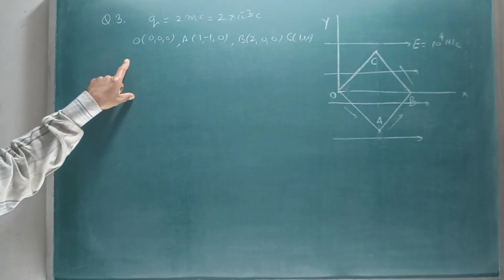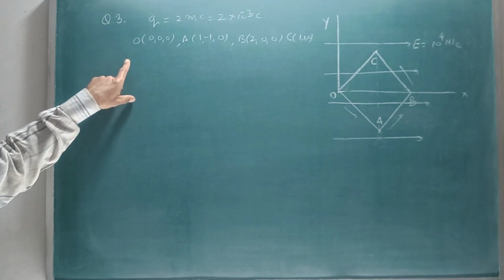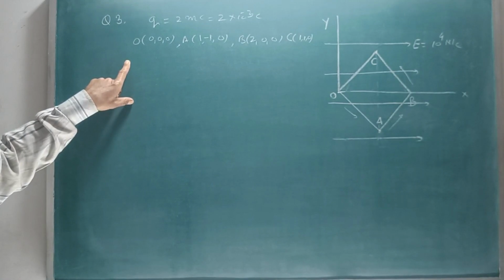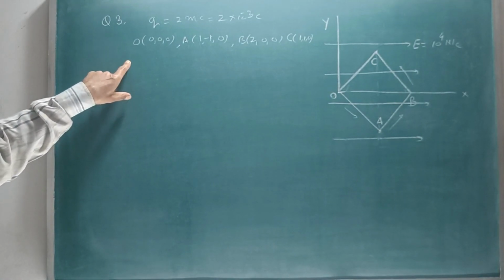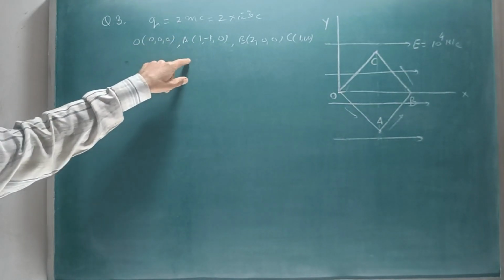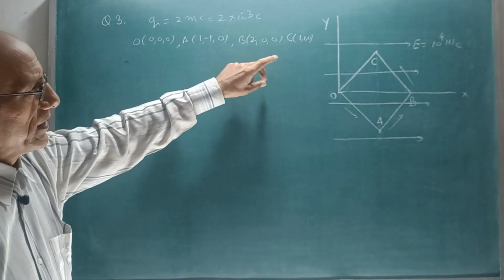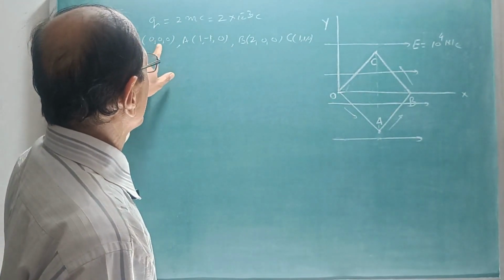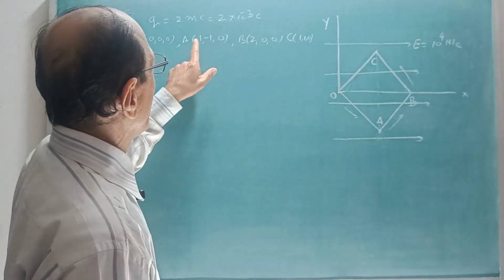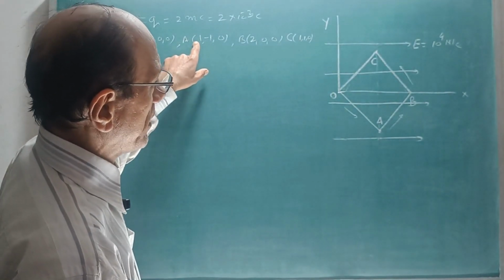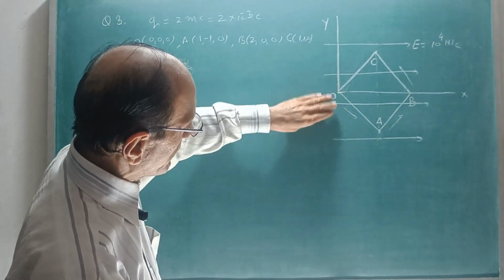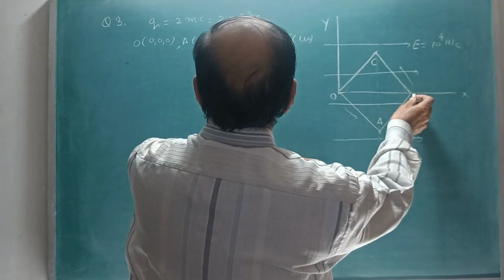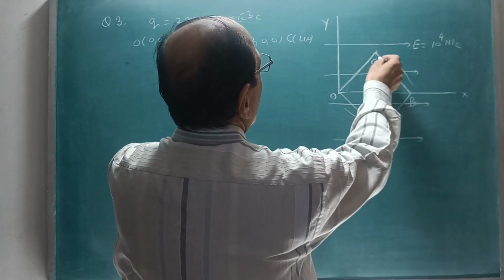So, what is the plane of motion of the charge? 0, 0 is the origin, no issue, and then it is 1 and minus 1, so this is on the board, and then it is 2, 0, 0, and then it is 1, 1, 0.